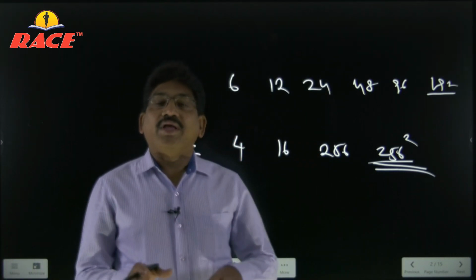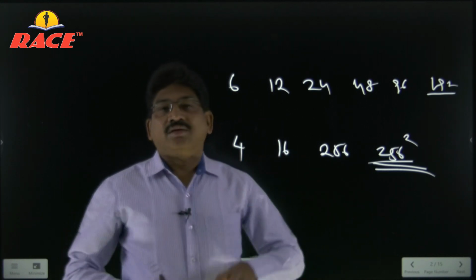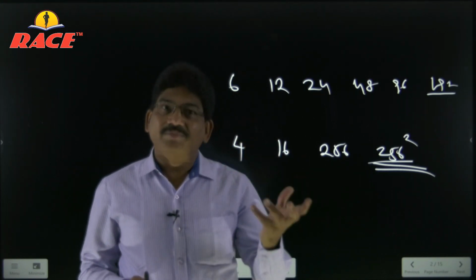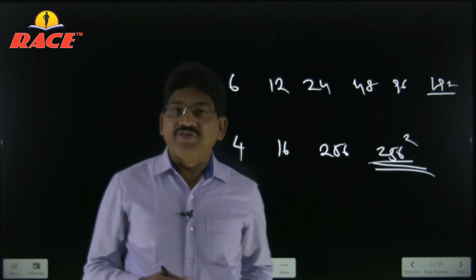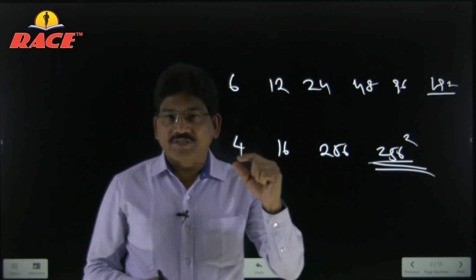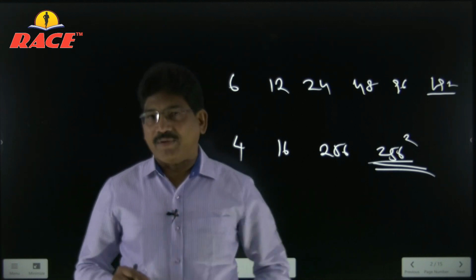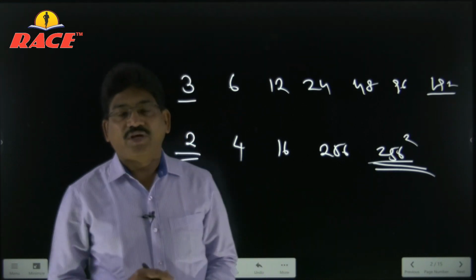If the numbers in the series start with a bigger number and end with a smaller number, the relation may be division. If it starts with a small number and ends with a bigger number, the relation may be multiplication, or vice versa.